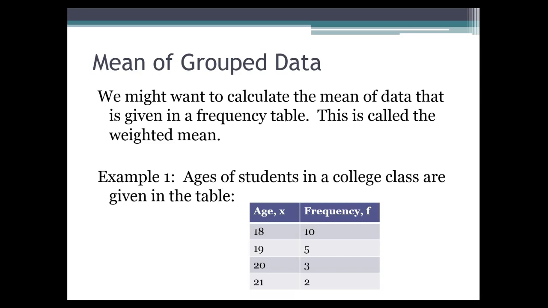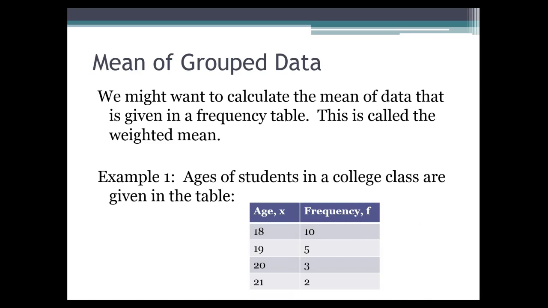We frequently see data where the data is not given just as a list. It's given in a frequency table. So here, in this example, we've got 10 18-year-olds. We've got 5 19-year-olds, 3 20-year-olds, and 2 21-year-olds.